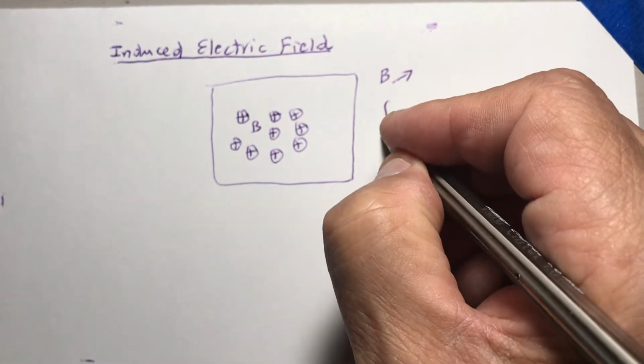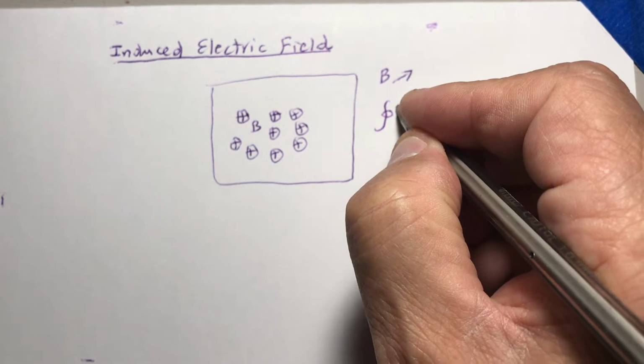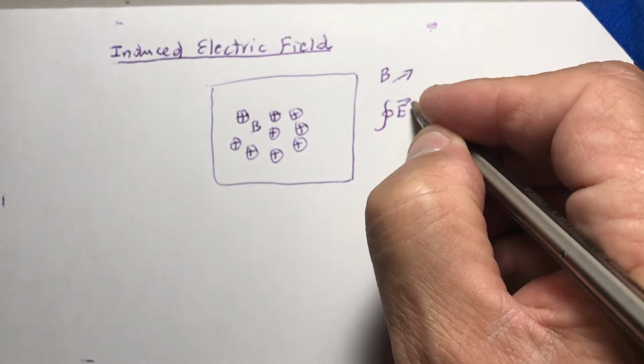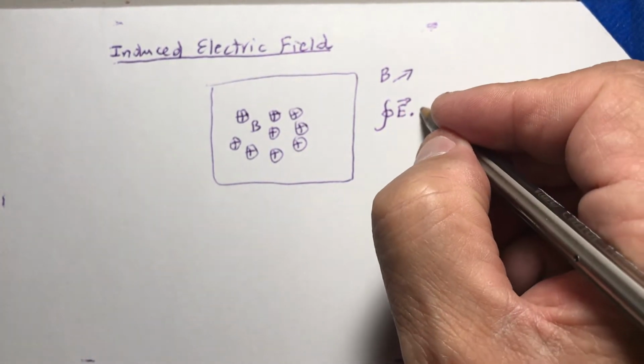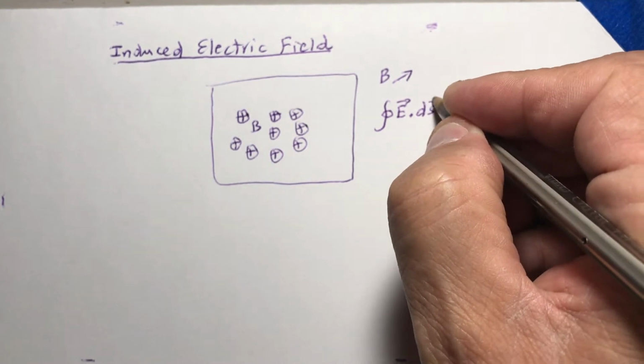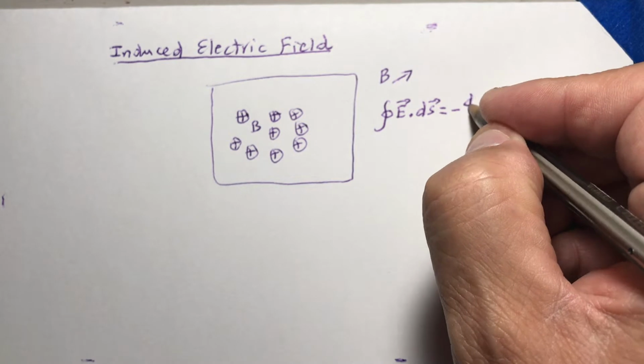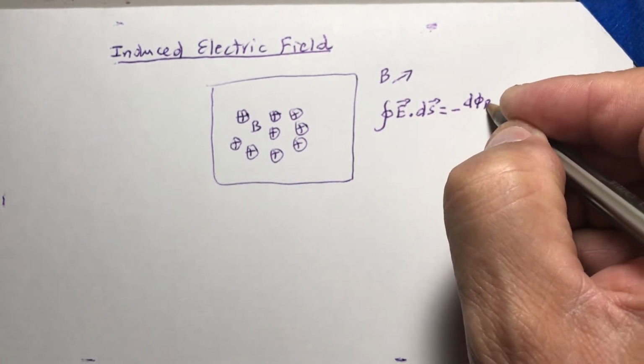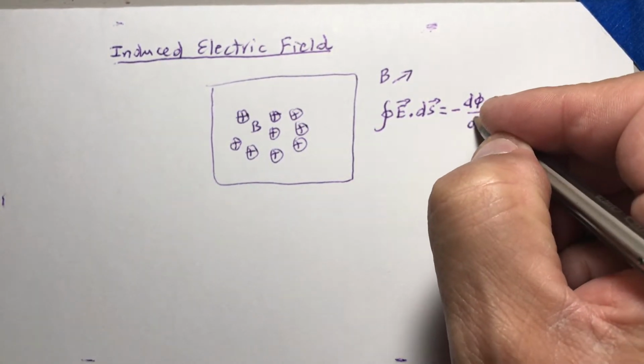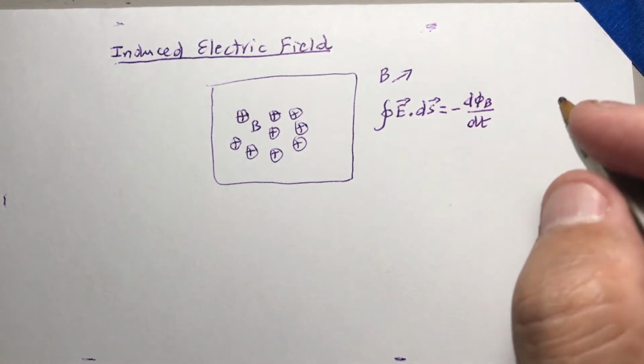So I put here the integral of E, the electric field, dot ds, the distance, is equal to minus the change of the magnetic flux with respect to time.